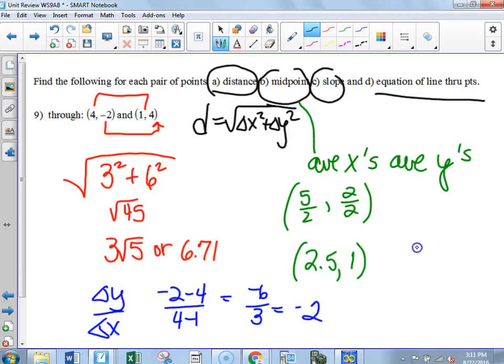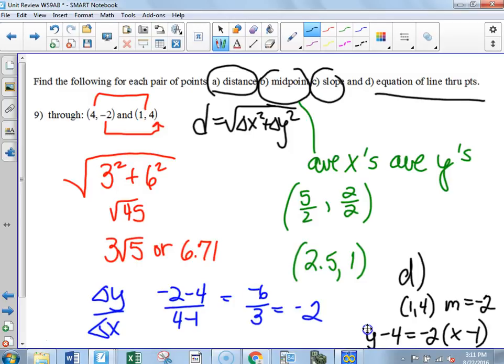And then for part D, it says the equation of the line. So if I pick 1, 4, and my slope that I already found was -2, then I would do y minus 4 equals -2, x minus 1, and I could distribute and solve for y. Did I cover all those ideas one more time?